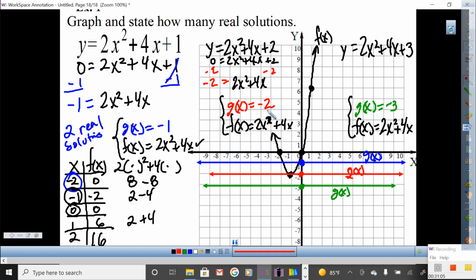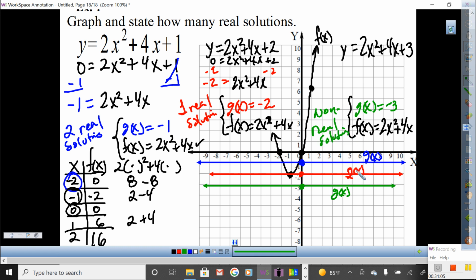F of x is right here, g of x is in red. That one only has 1 real solution. Let me go to the last one. F of x is right here, g of x is down here. This one has no real solutions.